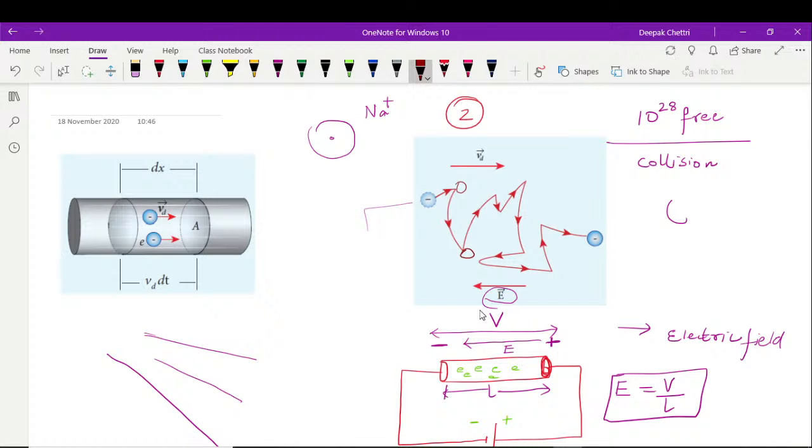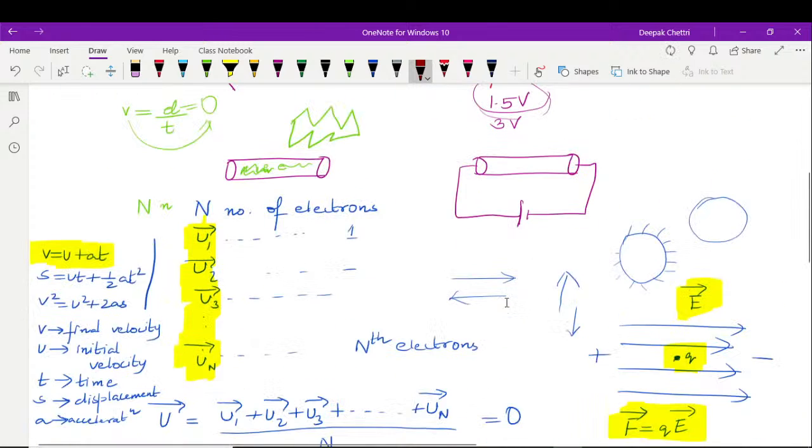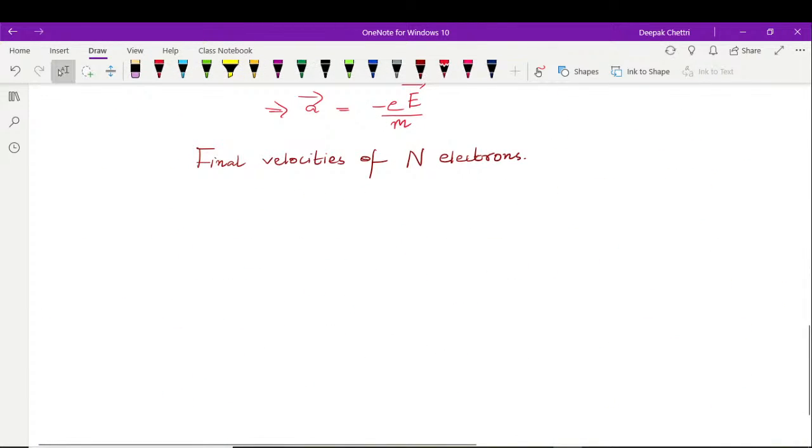So between these collisions, let us say the electron moves for tau 1. Tau is a Greek symbol. Let us pick the first electron, and let us say that it moves for a time tau 1 until it collides, and during that time tau 1 acceleration is a. So using that formula the final velocity that we will get is u1 plus this part. Is this clear or not, right?